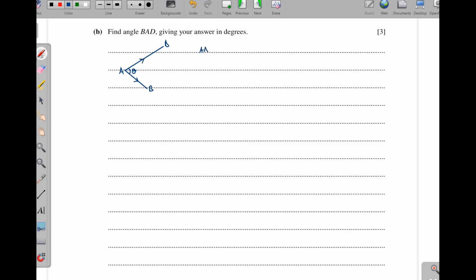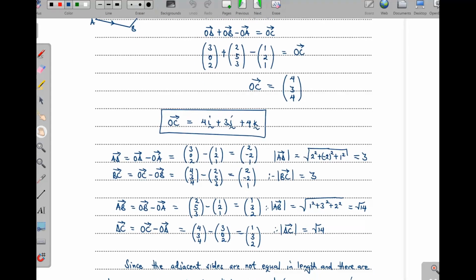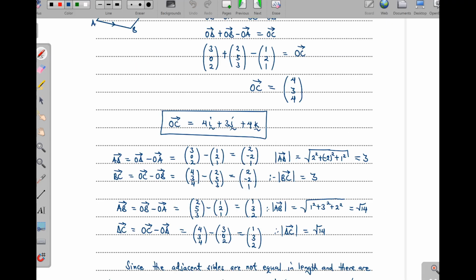Now, we have these vectors. AD is here, 2, -2, 1. Then we also have AB. We also got it.